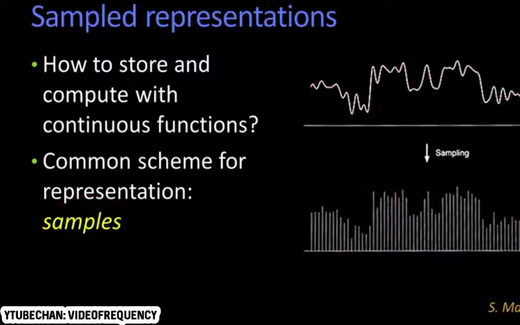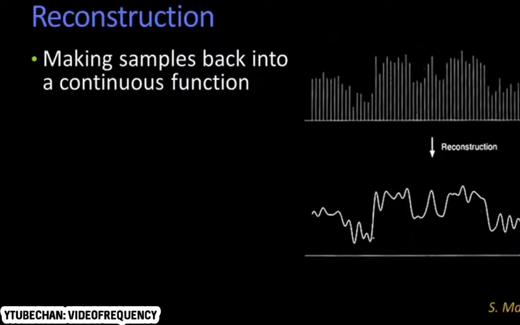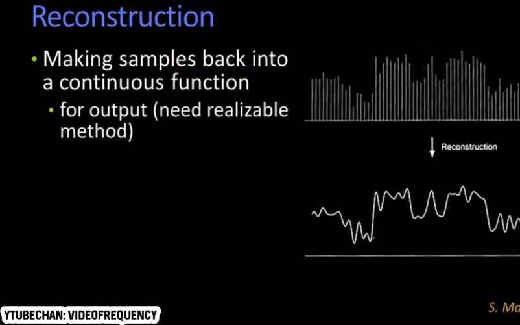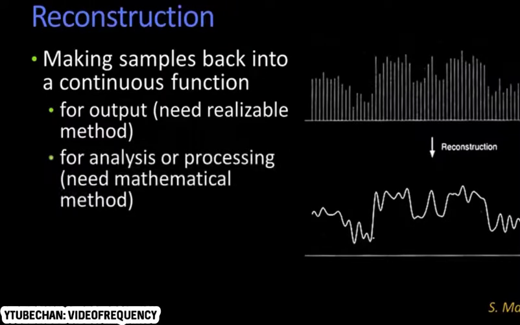Once you have that set of samples, later what you want to do is reconstruct what the original signal was. Why do you want to do this? Well, maybe you actually want to use the signal. If this is audio, you want to play it through a speaker, and I don't need samples, I need a continuous voltage. Or maybe I want to do some sort of analysis or mathematical processing on the signal.